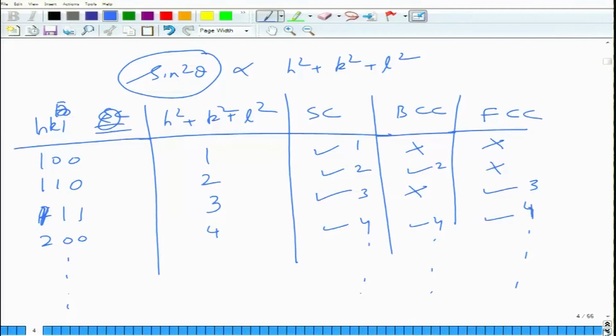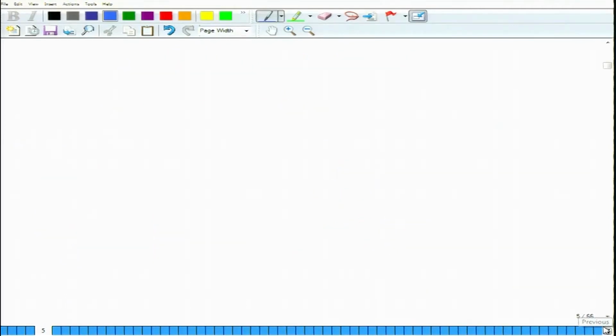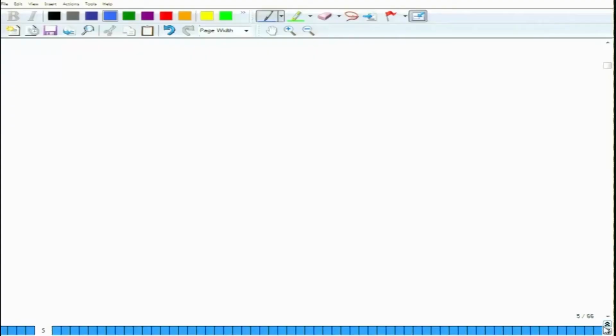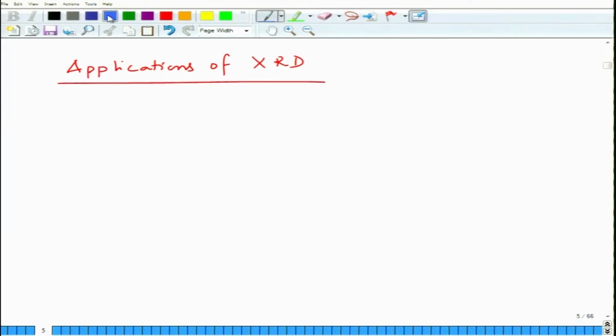Now in this lecture what I want to talk to you about is the use of X-ray diffraction, what kind of structural characterization one can do using X-ray diffraction. So we are looking at applications of X-ray diffraction. First, you can use it for phase identification.